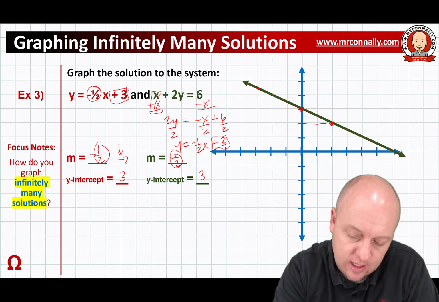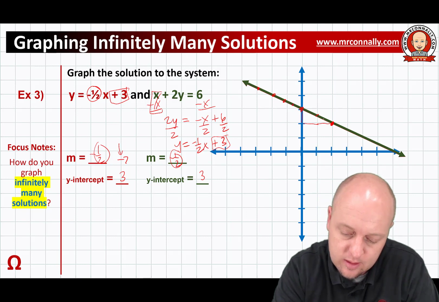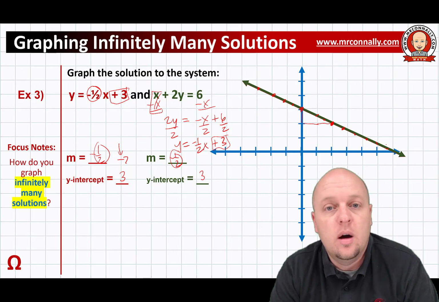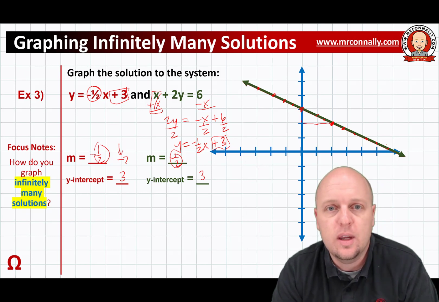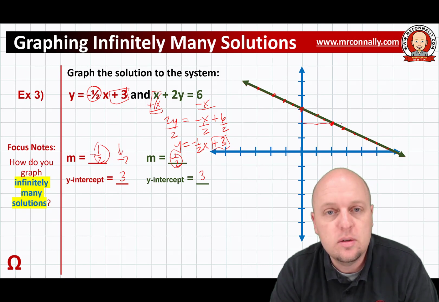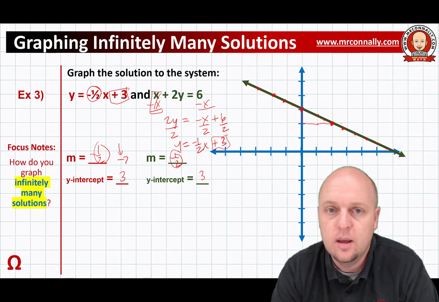That means every single point on both lines, the infinite amount of points they have, are the possible solutions. So instead of no answer, it's every answer. Every point on these two lines, because they're the same line, are going to be solutions to this system.